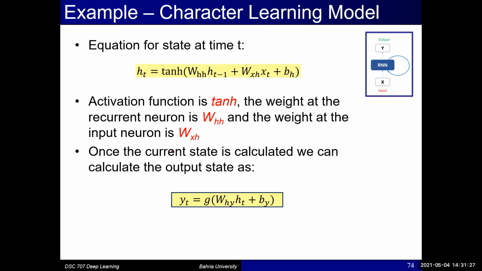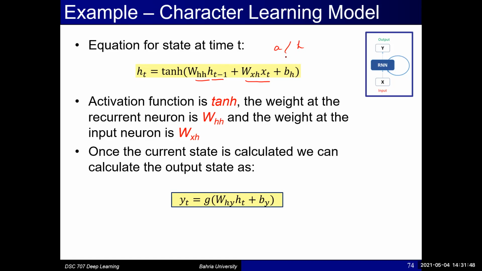Now let's rewrite those formulas with actual notation. It is the same formula: input multiplied by a weight matrix, previous hidden state multiplied by WHH. Whether you call it A or H, it is the same thing: A is activation, H is hidden state.